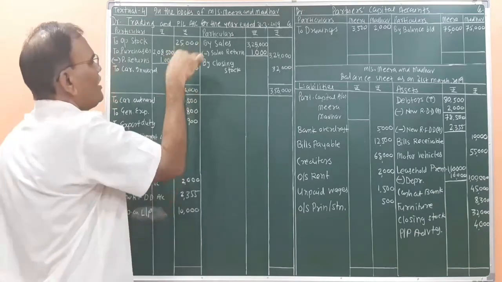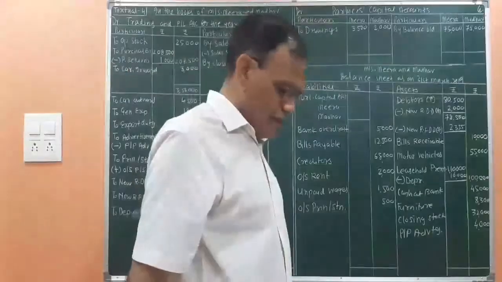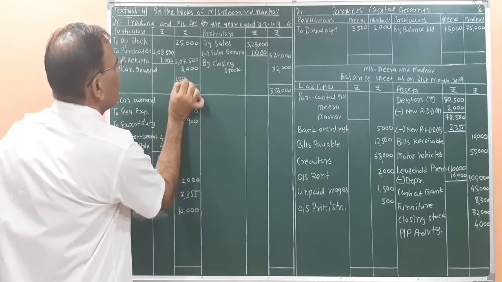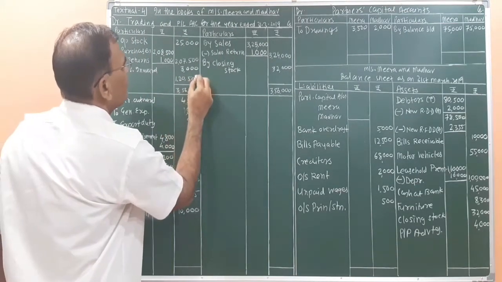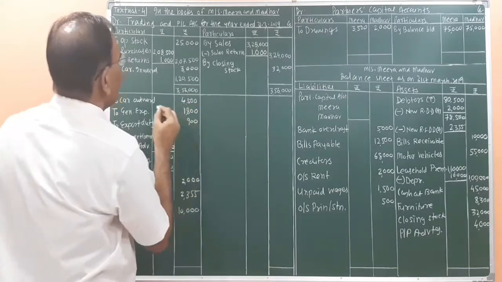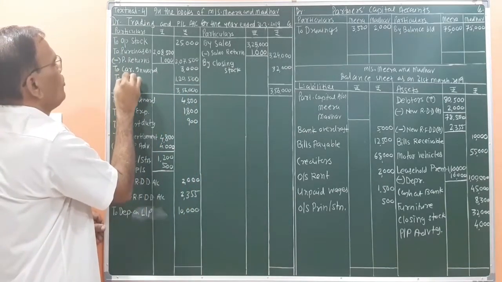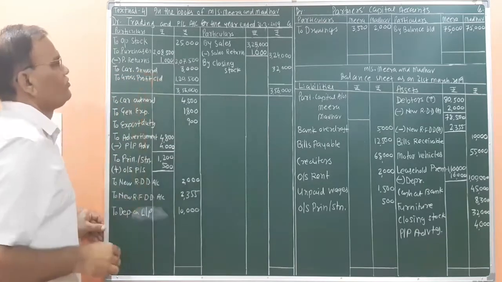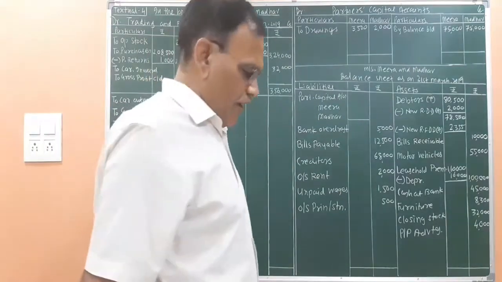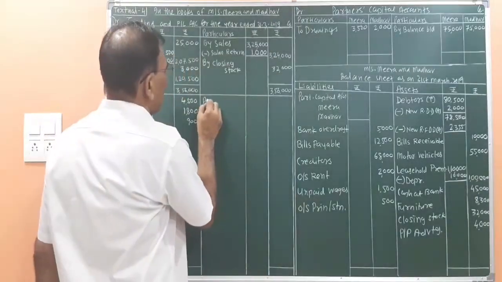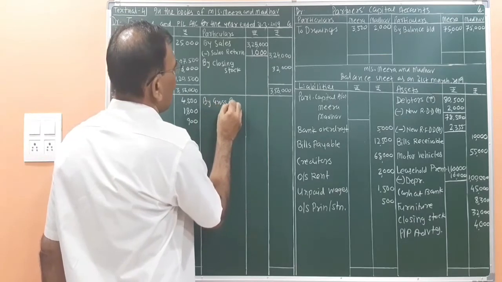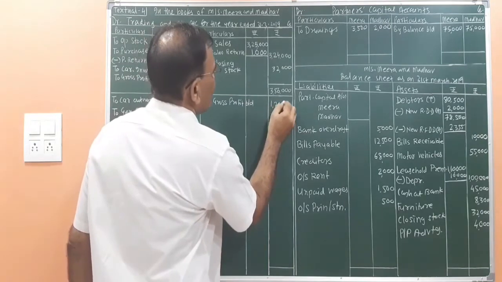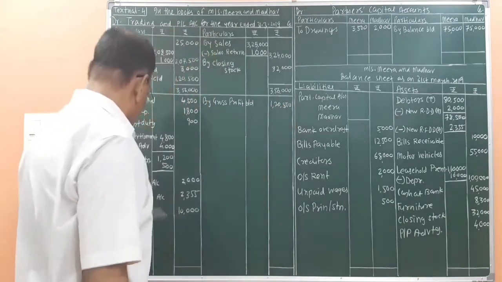From that, when you subtract the debit side, you will get the difference 1,20,500. So 1,20,500 is the difference, gross profit carried down. Now on the credit side, by gross profit brought down 1,20,500.